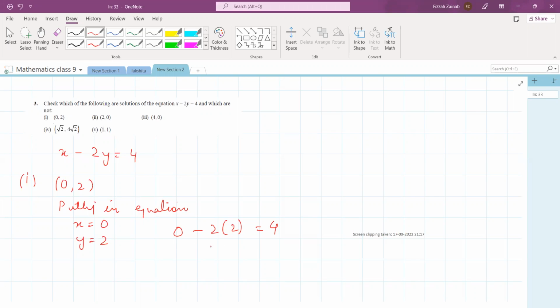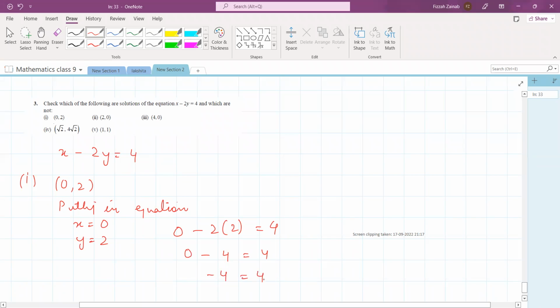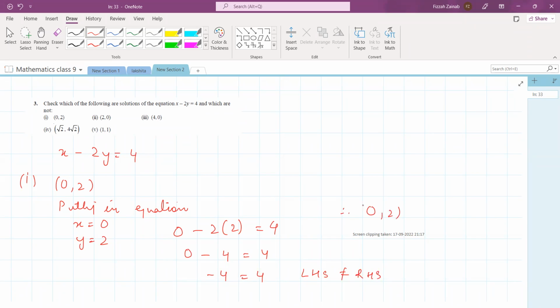So you get 0 minus of 4 is equal to 4. Or you can solve simple LHS also if you wish, there's no problem. 0 minus 4 is actually minus 4 is equal to 4. So your LHS is not equal to RHS, you can write. Right? So that means, therefore, (0, 2) is not a solution. Understood?